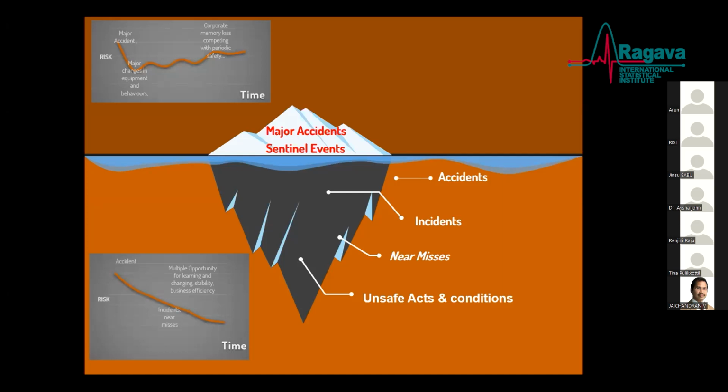So if you look at the top graph, if you only make a change from learning from major accidents rather than the broad range of all other events, this will typically lead to large disruptive changes.